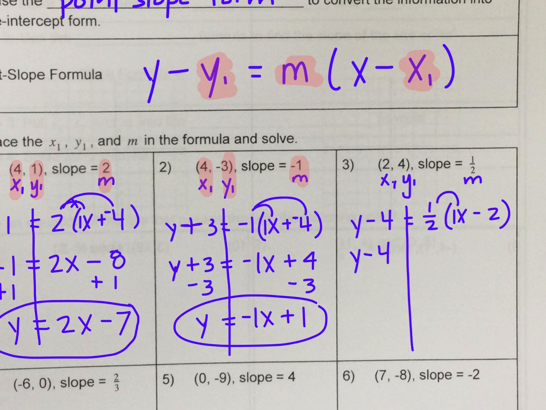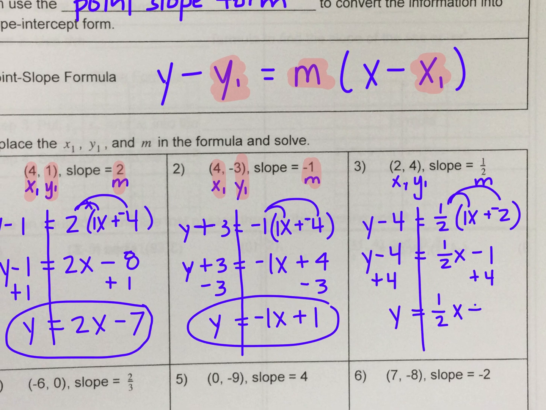I distribute 1/2 times 1x is 1/2 x. 1/2 times -2, if you do that in the calculator, it gives you a -1. Now I've just got to move that 4. y equals 1/2 x plus 3. All right.